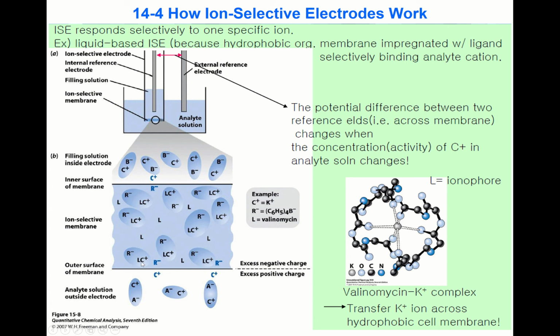Anyway, now this ionophore valinomycin binds this cation, and then it moves to the inner surface of the membrane. Here the internal solution also has the same ion, in this case potassium ion.